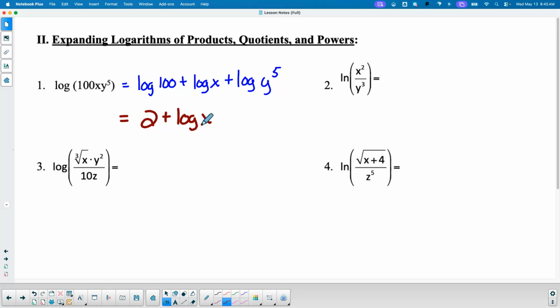What do I like instead? 5 log of y. Yep. And that's it. Like before, I did the blue step, because the exponent is only on the y.